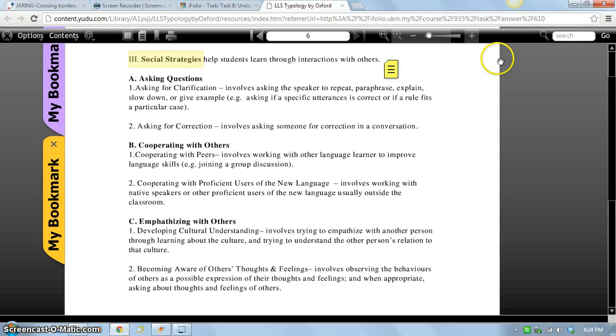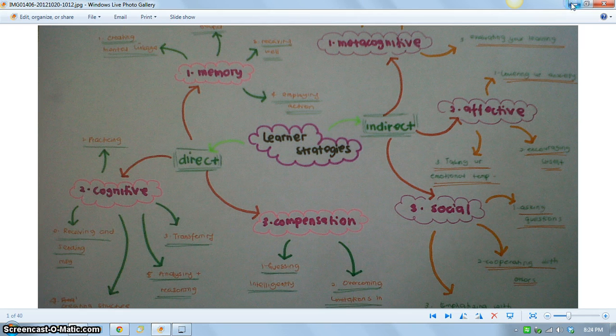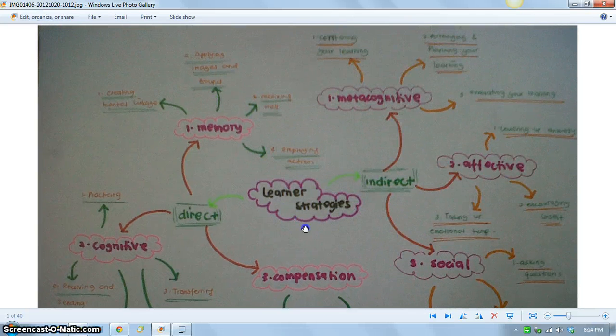So other than this strategy or technique, I also did my own mind map. I know I can use Prezi or Bubbl.us, but I think this way is easier for me because it's mobile, which means I can bring it anywhere I go.